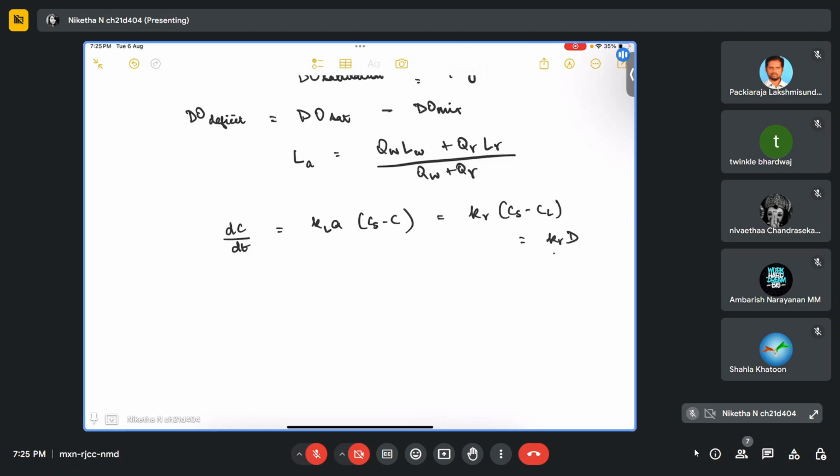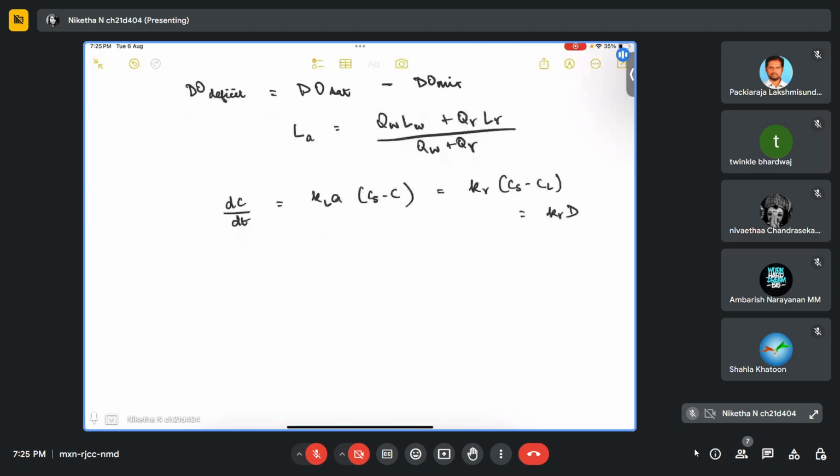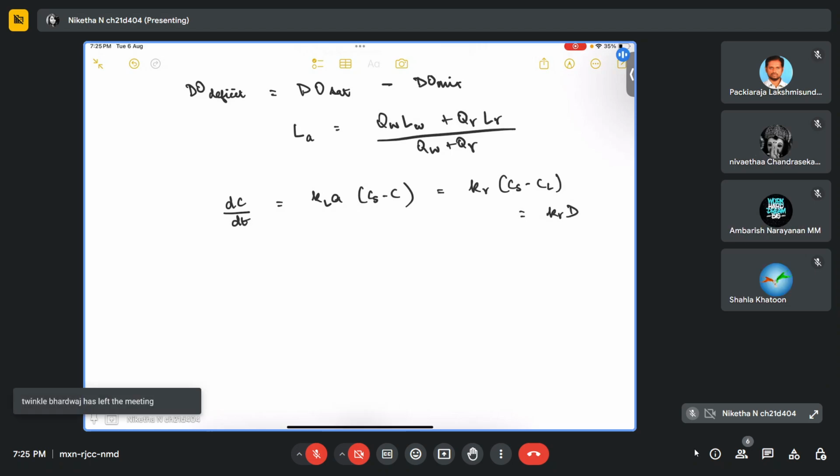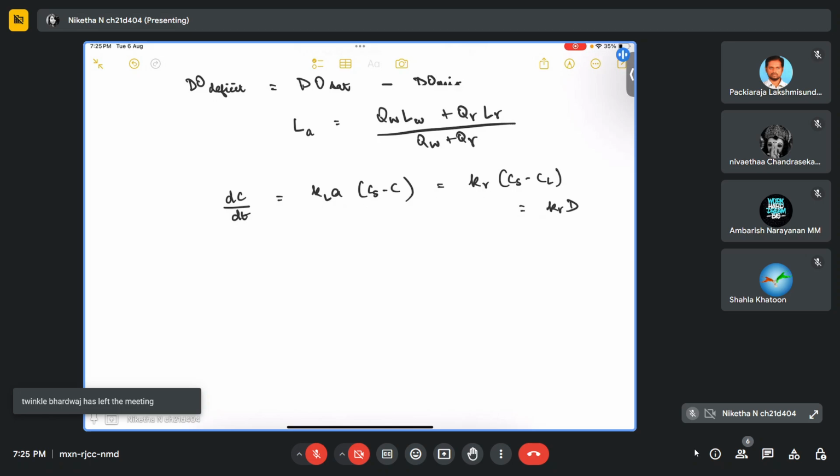KR here is the constant for reaeration. After a point of time, there is going to be an exchange of gases from the atmosphere to the river surface. That is why there is reaeration, or replenishment of the oxygen levels. The constant is given as Kr.